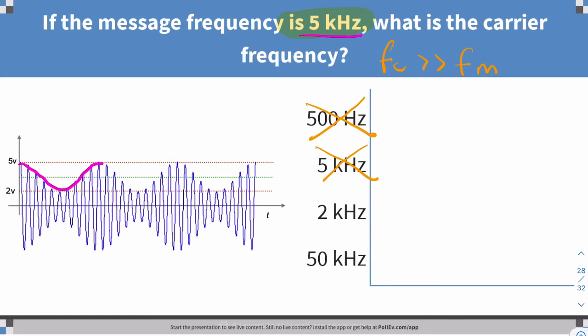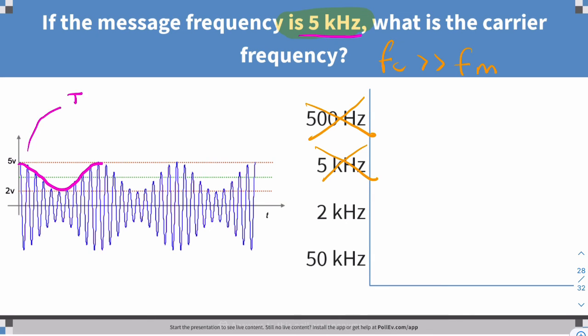which is one period, that's one period of the message. Let's call it TM. So that's 1 over FM. And FM we know to be 5,000. So within that one cycle, how many cycles of the carrier do we have?